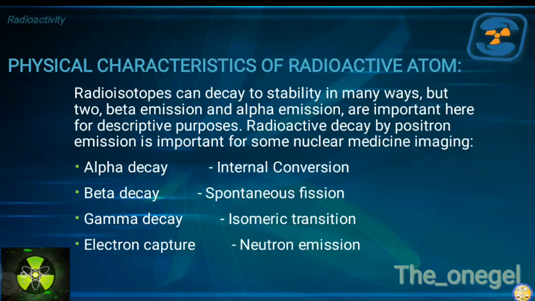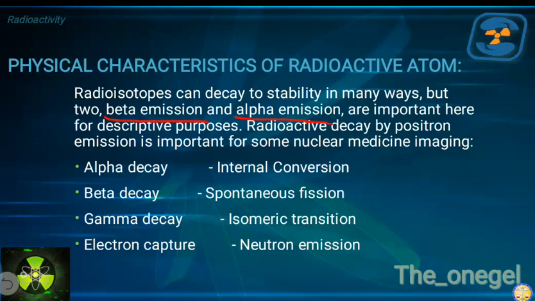No? So radioisotopes can decay to stability in many ways, but the beta emission and alpha emission are important here for descriptive purposes. Actually, the application applies to the radiologic technology profession, dalawa yung may direct bearing, yung beta emission at saka alpha emission.